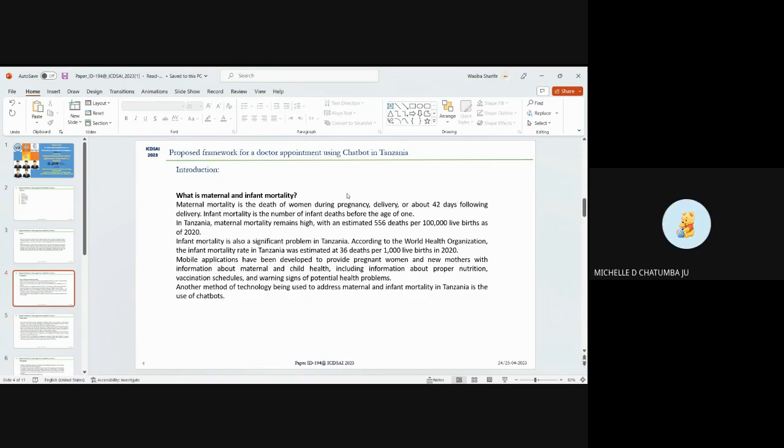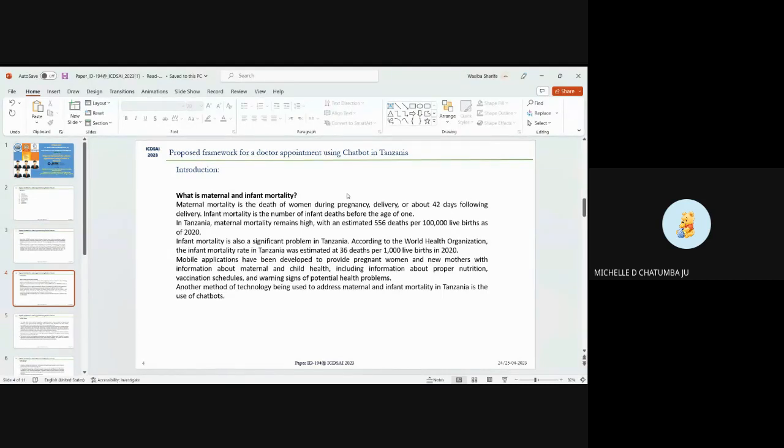Infant mortality is also a significant problem in Tanzania, which means that of every 1,000 babies born, approximately some die before their first birthday. In recent years, there has been an increase of mobile technology.